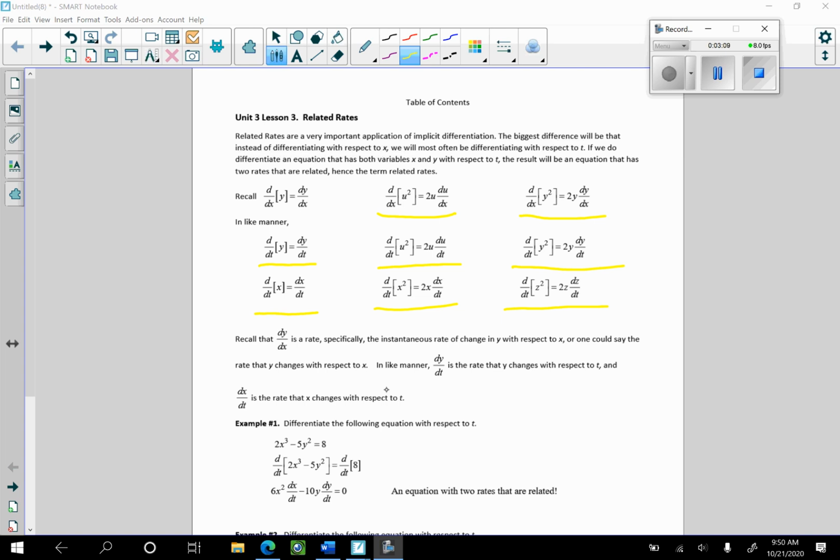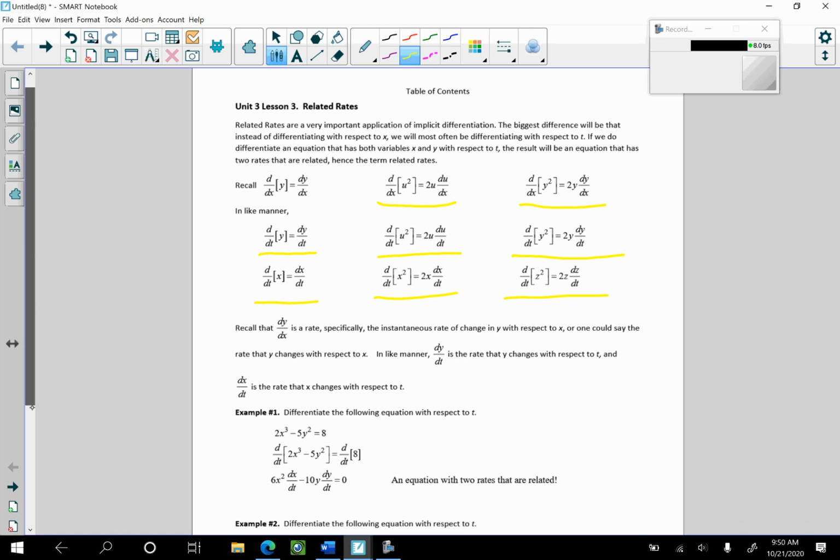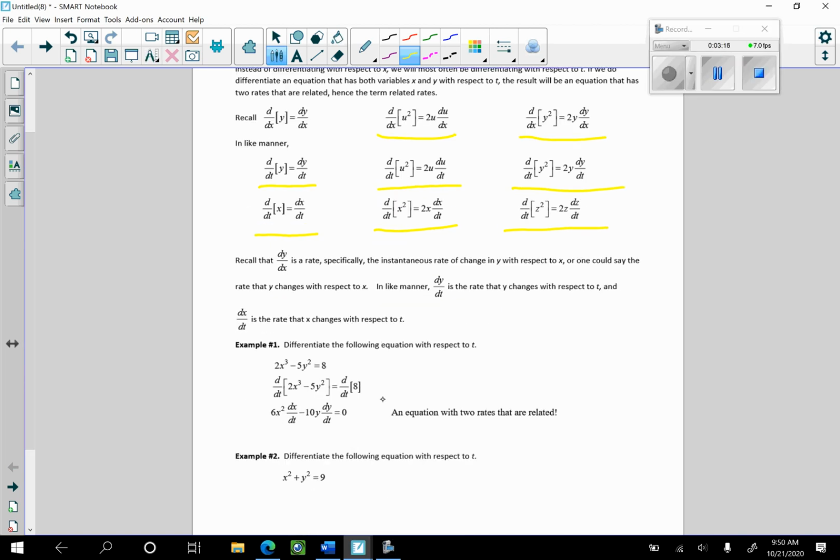Differentiate the following equation with respect to t. The only difference now is, check this out. What is the derivative of 2x cubed with respect to t? Well, I'm going to differentiate both sides with respect to t. What's the derivative of 8 with respect to t? 0. The derivative of a constant with respect to anything is 0.